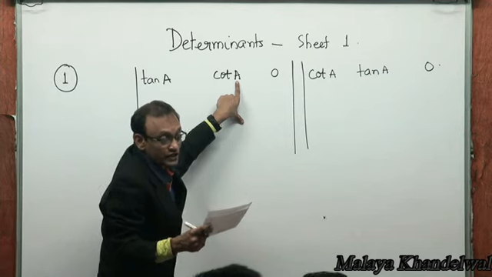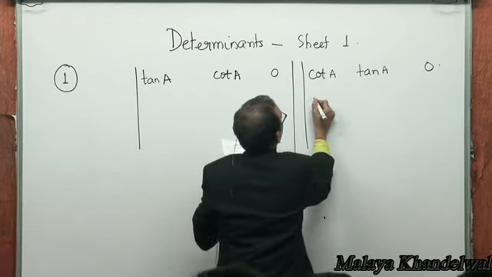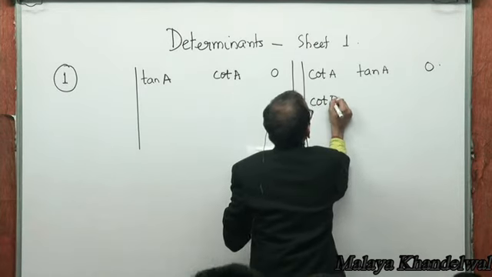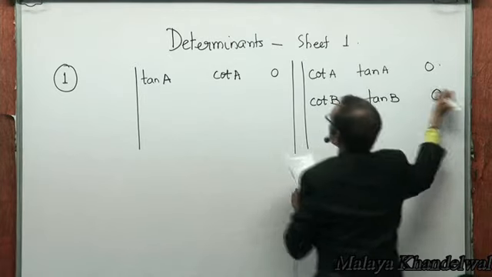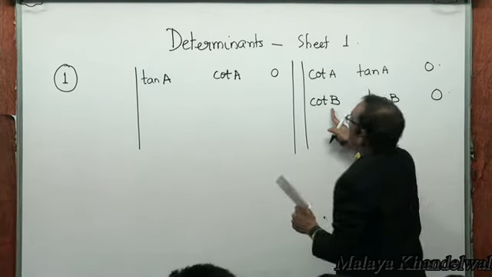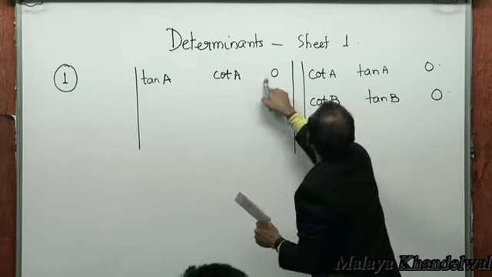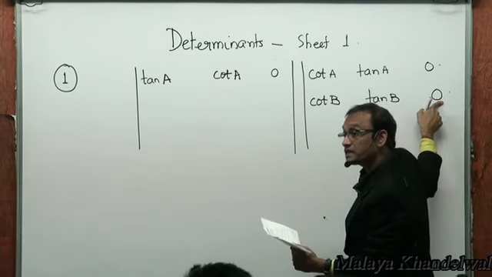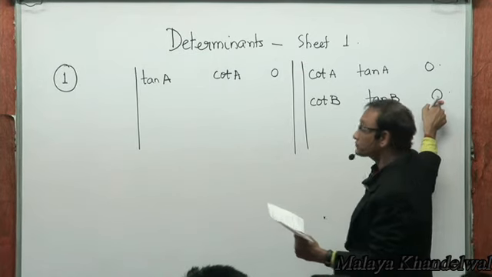Now, what we need is cot B and tan B. For the second term, we need cot B, tan B. The second term now would have been tan A cot B plus cot A tan B plus 0, 0, which matches with the second term. Yes or no? Do you realize that?